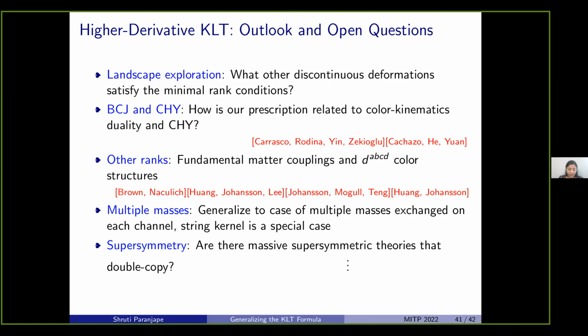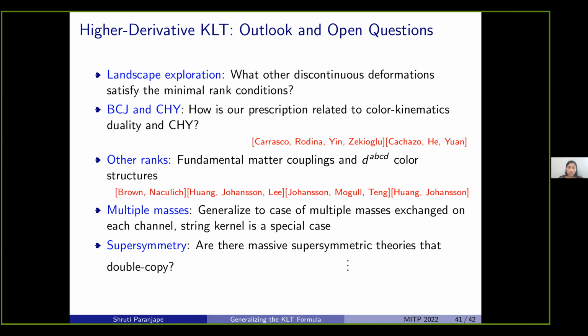At 4-point, it is quite simple to see that the single copy amplitudes that they find and the single copy amplitudes that we find are the same, which means there's got to be some equivalence of the two prescriptions. So yeah, it'll be interesting to see how that works at 5-point and beyond.